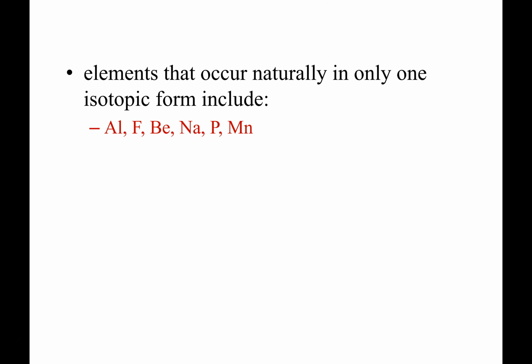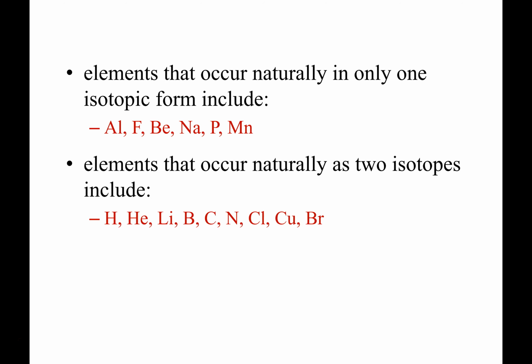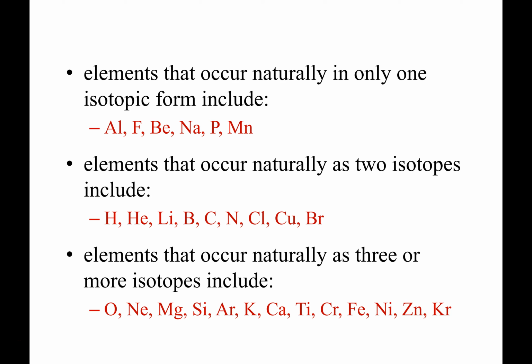But this list of elements will have, generally speaking, two naturally occurring isotopic forms. Hydrogen is an important one. There's regular hydrogen, there's something called deuterium, which is a little heavier hydrogen, and there's something called tritium, which does not naturally occur. And this one will have three or more versions of the same element, same number of protons, but they'll differ in the number of neutrons.